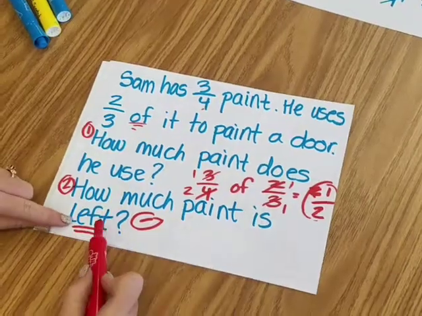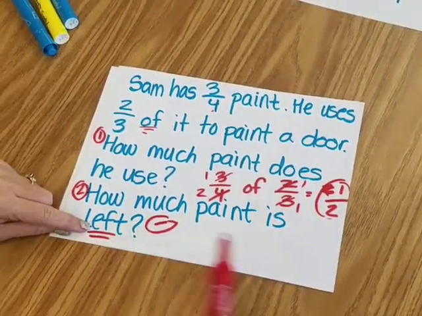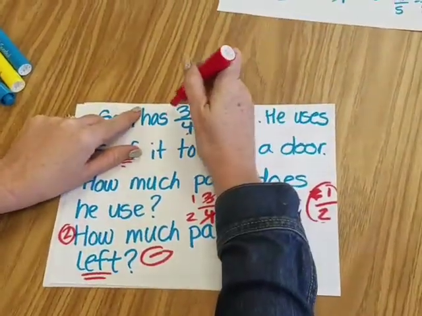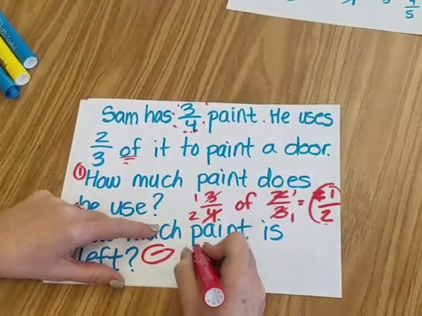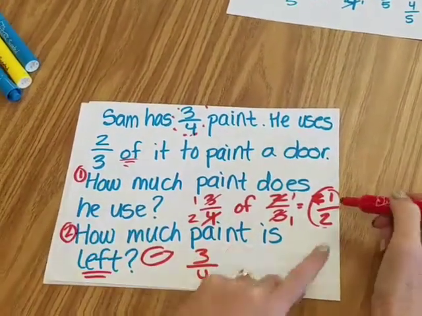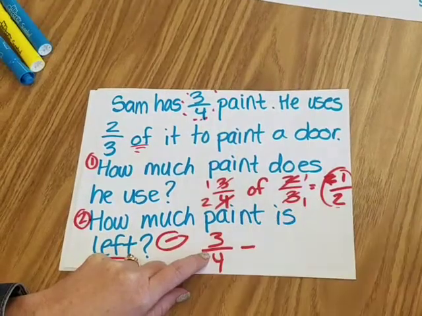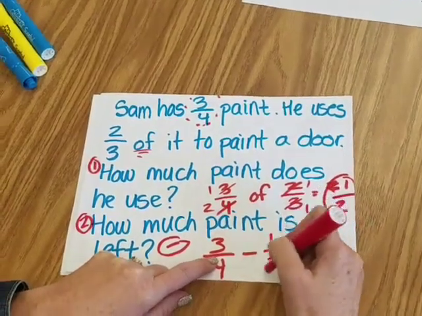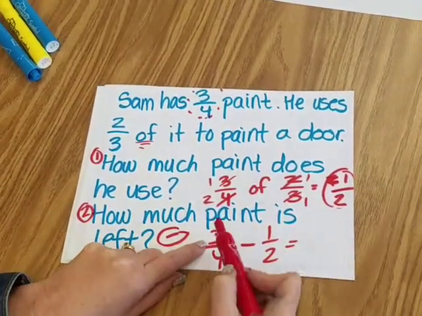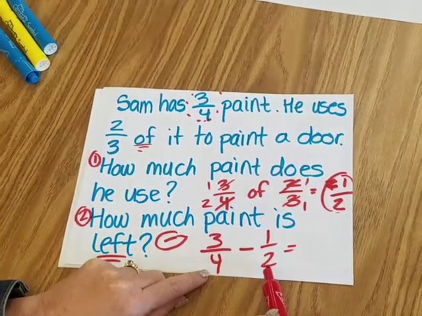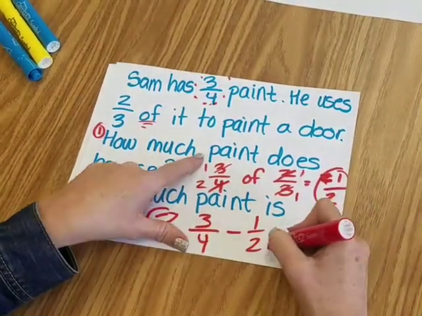Now, in order to find what paint is left, I first have to say, well, what did I start with? I started with 3/4. And I used 1/2, which I can't just subtract. I have to find a common denominator. We know that.